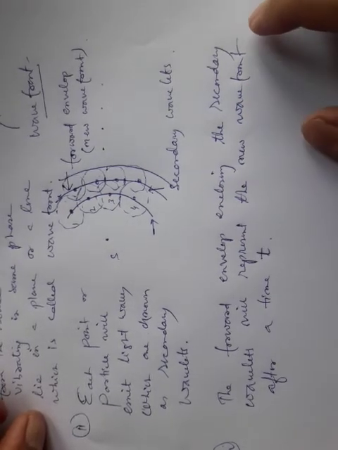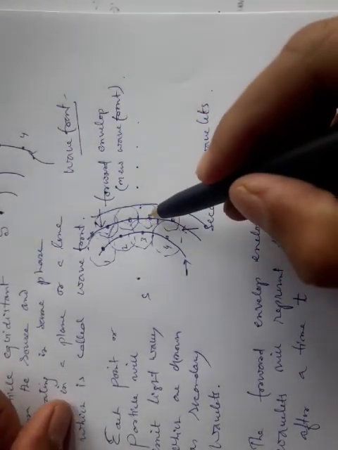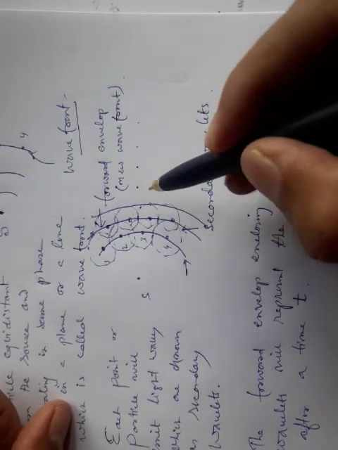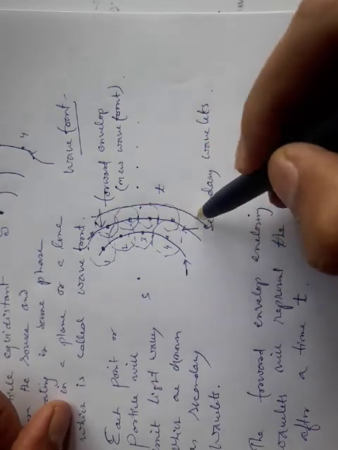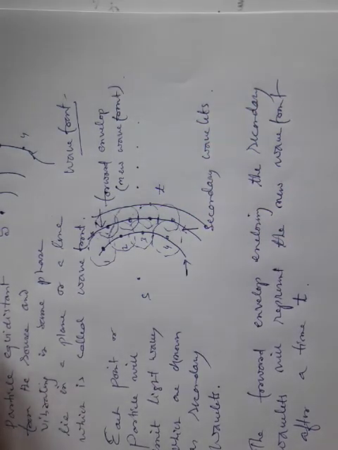It means if it takes some time to travel from here to here, let us say the time is t, then after a time of t, this will be your new wavefront here. So this is Huygens principle.